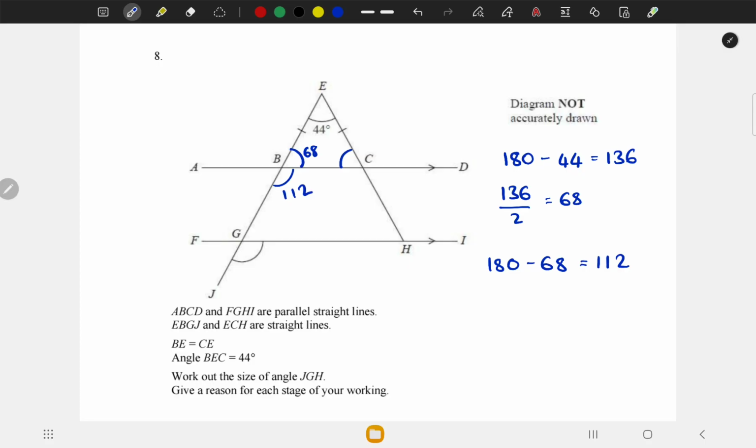Now, because I know we're dealing with some parallel lines, there are some things we can look out for. We can look out for alternate angles, we can look out for corresponding angles, we could look out for co-interior angles. Now in this case, I already see that the letter F here is being formed, which means that the angle we're looking for is equivalent to the 112 that we found, because these two angles are corresponding, and hence we have found the missing value.